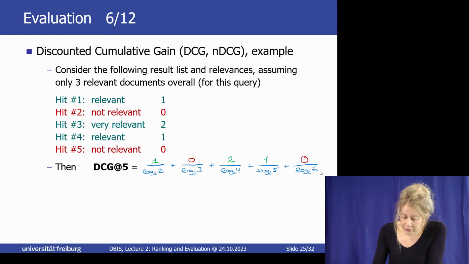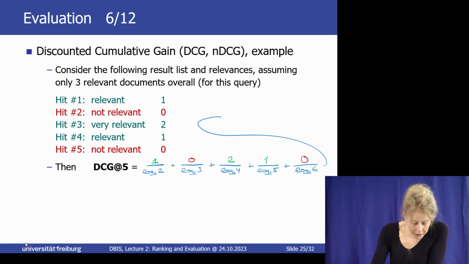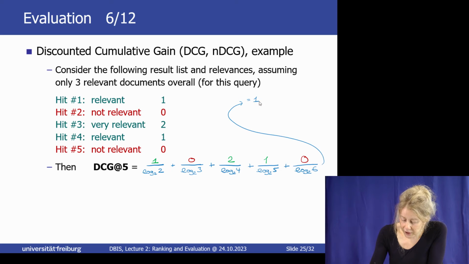Actually we can simplify it a little bit. It's 1 over log 2 of 2. This is 1. So maybe let's do this here. Now I need a little bit of space there, so I should erase this. So this is equal to 1 plus, log 2 of 4 is 2, 2 over 2 is 1, 1 plus 1 plus, and here we have 1 over log 2 of 5.